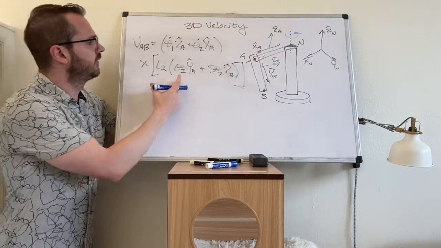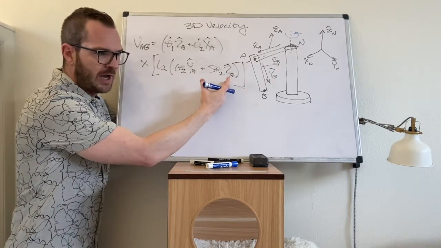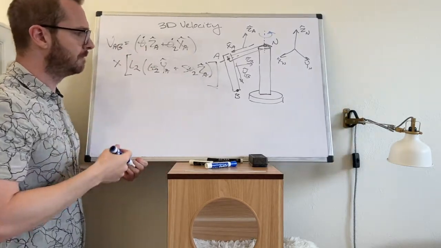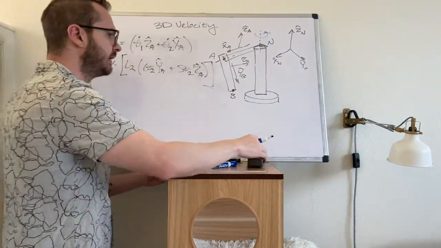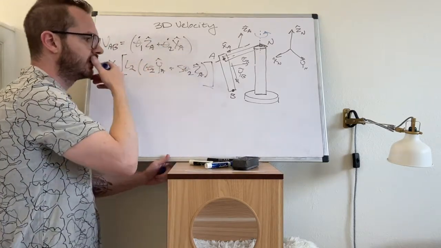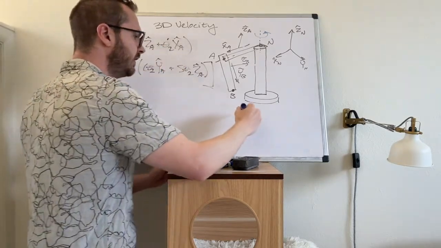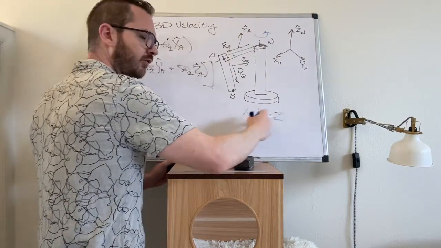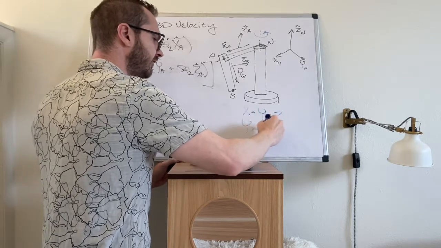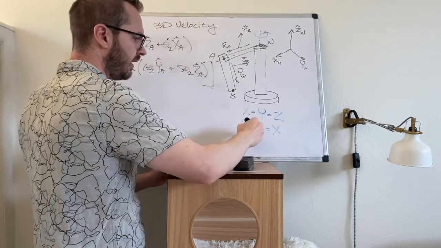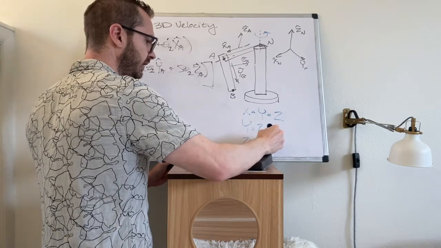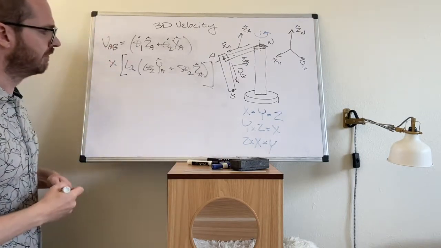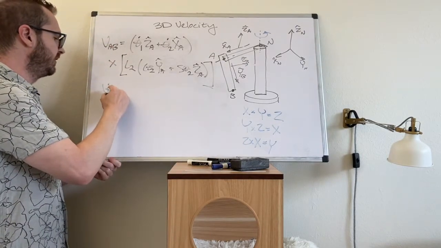So here's the cross product, and we have converted this YB into the A frame. Now let's talk about resolving this. You can of course resolve the cross product any way you like. I prefer to just do a multiplication and then look at the axes. And if you need to, you go back and write down what these definitions were. X cross Y is Z, Y cross Z is X, and Z cross X is Y. Okay, so what does this come out to be?